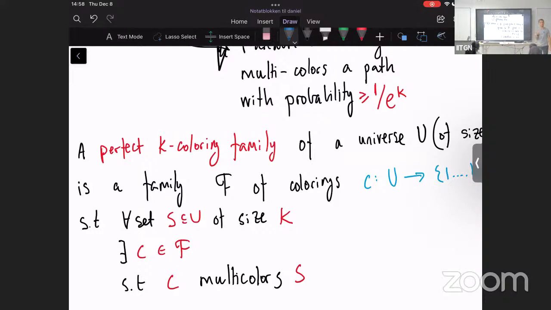If you found a multicolored path, then that is a path in the original graph, and you found your k-path. On the other hand, for every k-path, its vertex set will be multicolored by at least one coloring in your family, just because it was a perfect k-coloring family. And then when you're considering that coloring, you will discover your path.